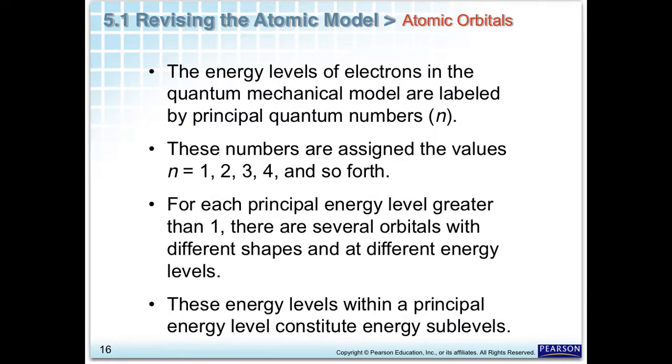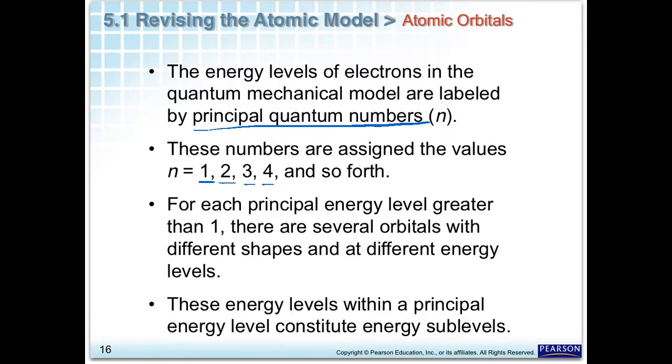Each energy level in this model is labeled, and the first thing we label is called the principal quantum number. And these are like the main energy levels. So there's the first main energy level, the second main energy level, third, and fourth, up to about 7 main energy levels.